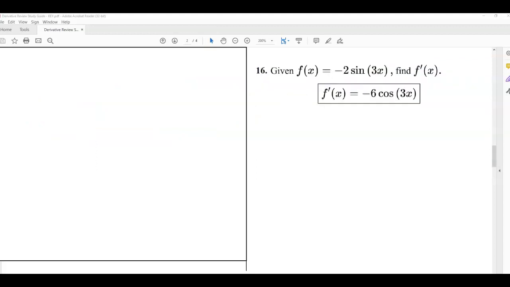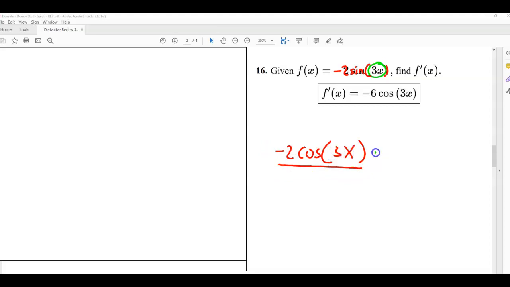All right. Got a trig function here with a chain rule. We have an inside function here, and then the rest of it we could just consider to be an outside function. So the derivative of the outside is -2 cosine, and we'll leave the inside the same for that.